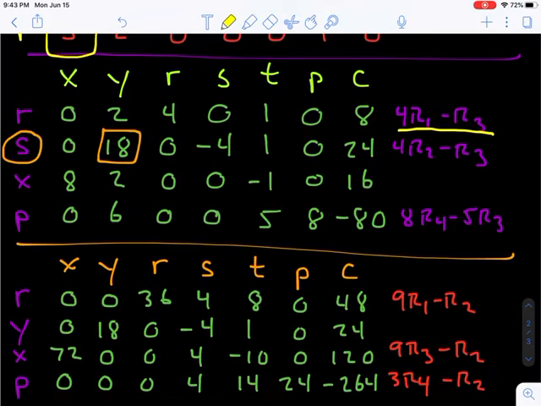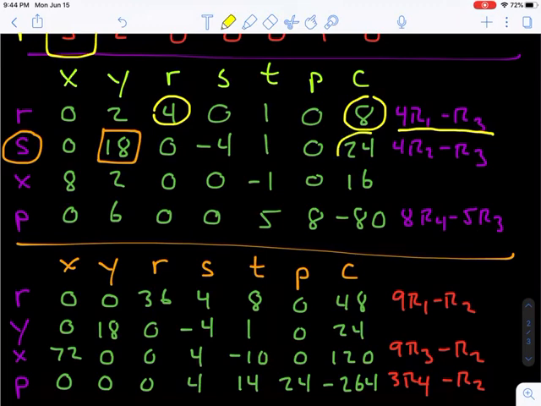So now the question is, do we have any negative active variables? And so we do. If we take a look at the R, how do we determine if R is negative? Well, we take a look at the constant and we divide it by the number in the R column and the R row. Well, 8 and 4 are both positive, so that's going to be a positive number.